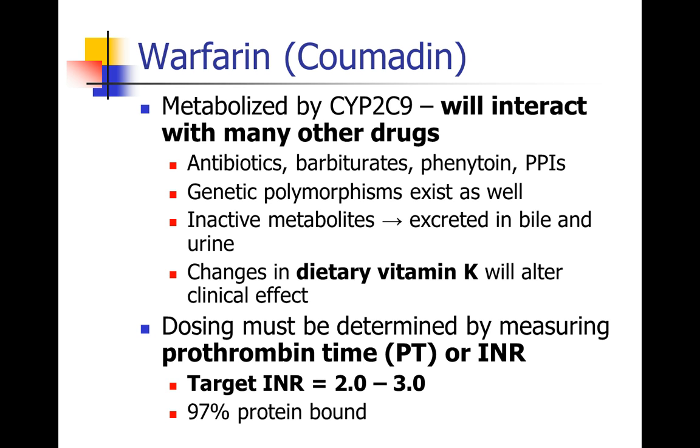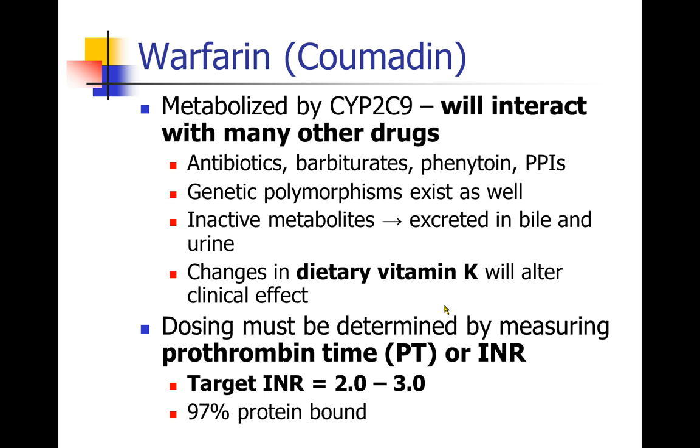So taking any of those medications will change a patient's metabolism of warfarin. 2 different patients may have very different effects from the same dose of warfarin. And then even changes in your dietary vitamin K will change the clinical effect of warfarin.